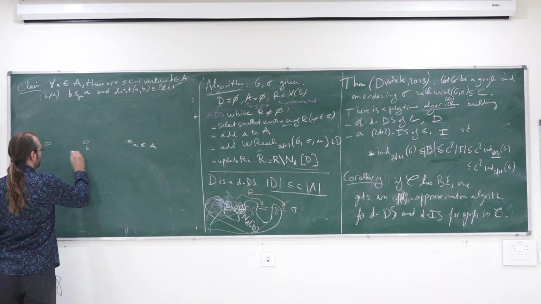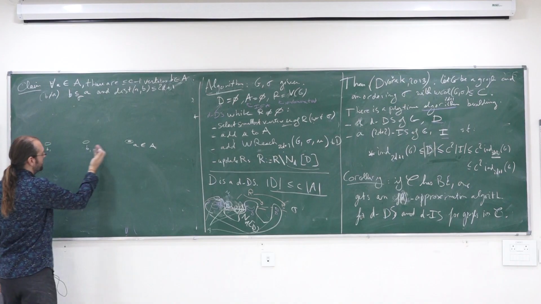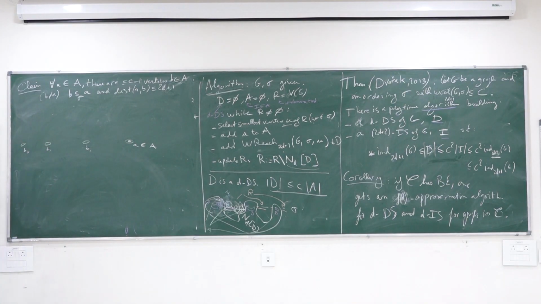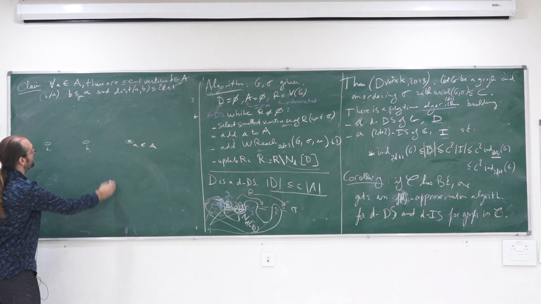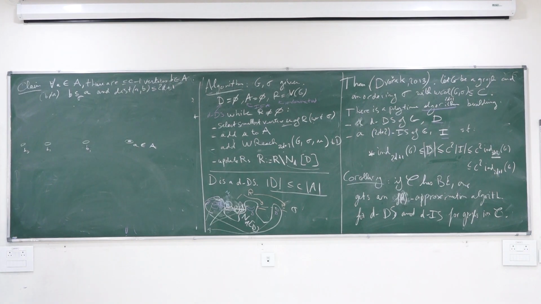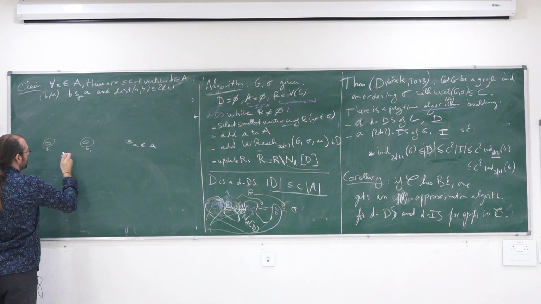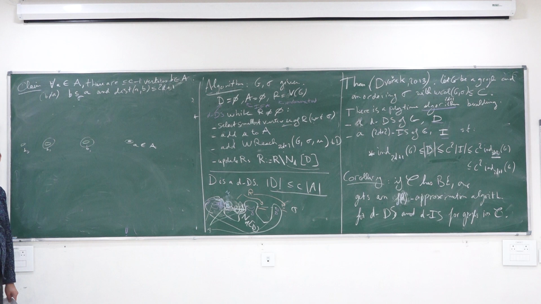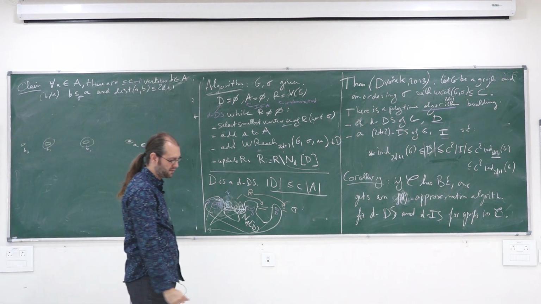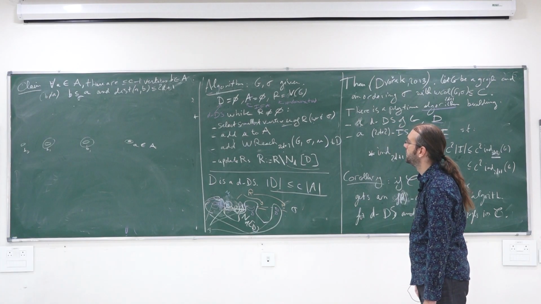Now I'm looking at all these B's which come before A, so that means they have been selected before by the algorithm. And I'm saying there are not so many among those which are close, which are at distance at most 2d plus 1.